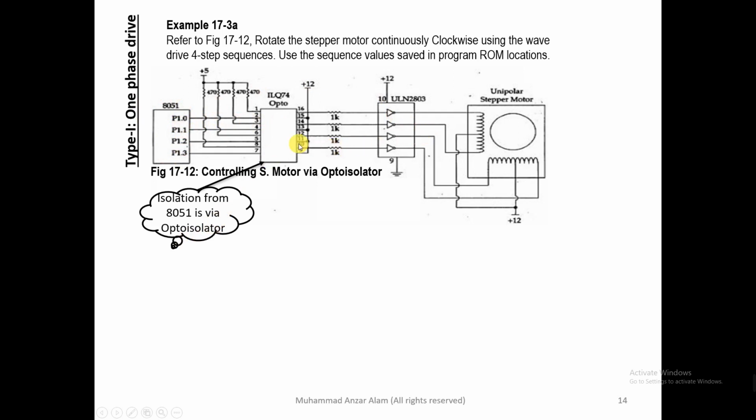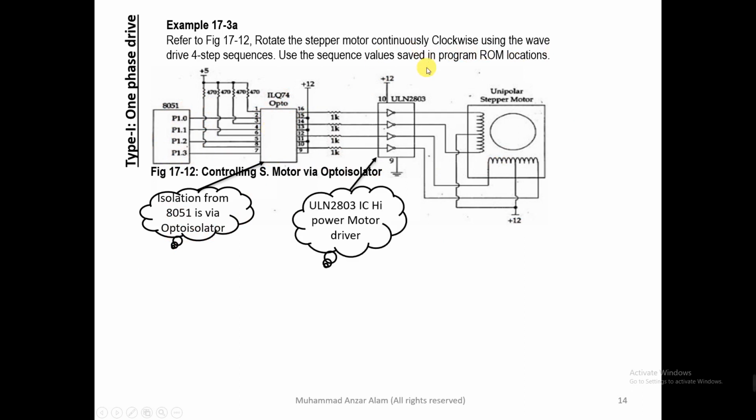So we need an isolator so that high power signals cannot come back to the microcontroller and destroy it very easily. In order to keep this voltage and current level isolated from that voltage and current level, we must have an isolator. This is always the case, please remember. The IC number is shown here.